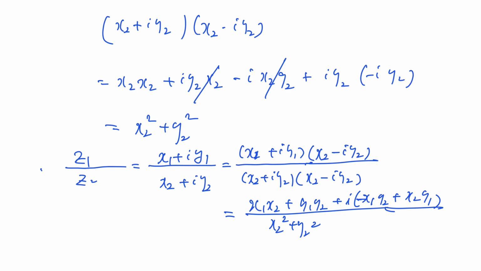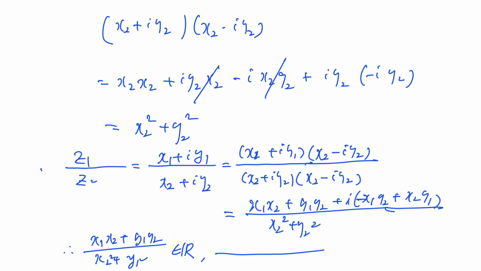So it turns out that (x1 x2 plus y1 y2) over (x2 squared plus y2 squared) belongs to the real numbers, right?